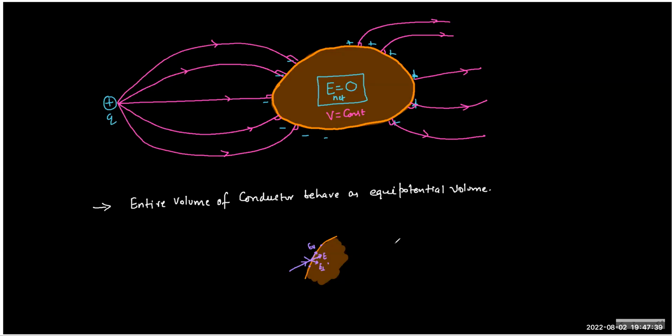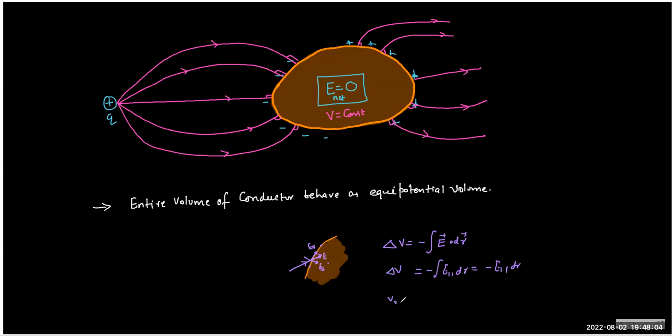The other way of thinking is, since it is equipotential, the potential difference, which you will learn later on, is given by the formula E dot dr. If a parallel component exists, then if you take two points, 1 and 2, dr separation away, you will get a potential difference value, correct?